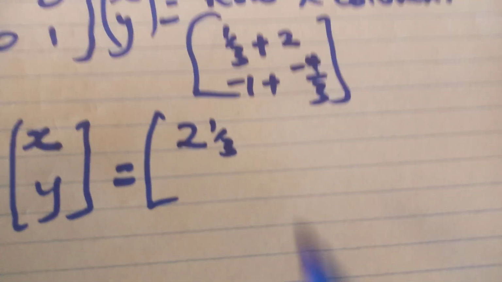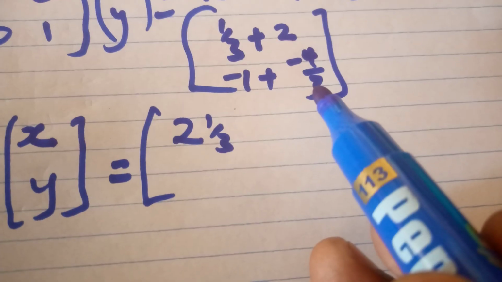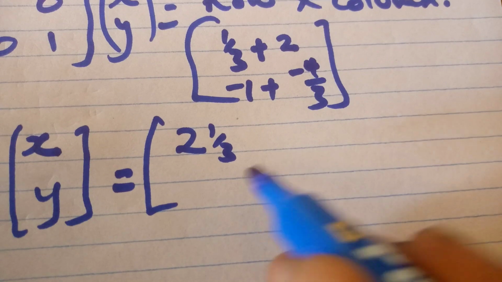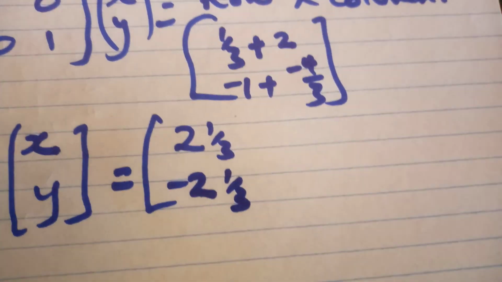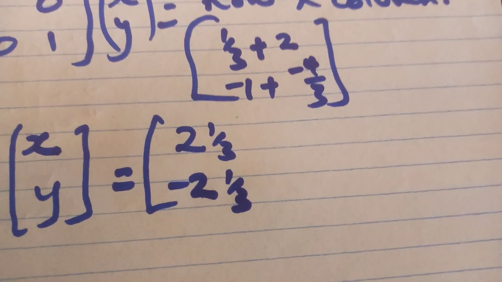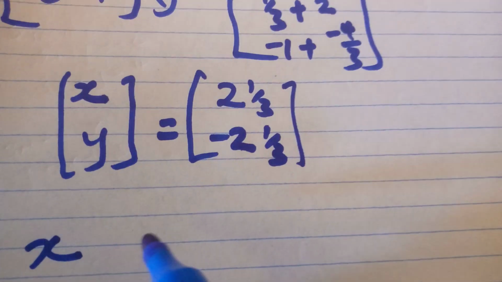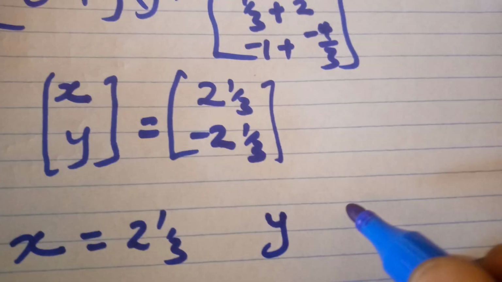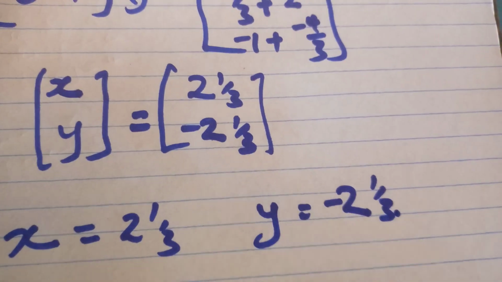And then if you take negative 1 plus negative 4 over 3, you're going to get negative 2 and a third. So it goes without saying that the final answer for the value of x is 2 and a third, and the value of y is negative 2 and a third.